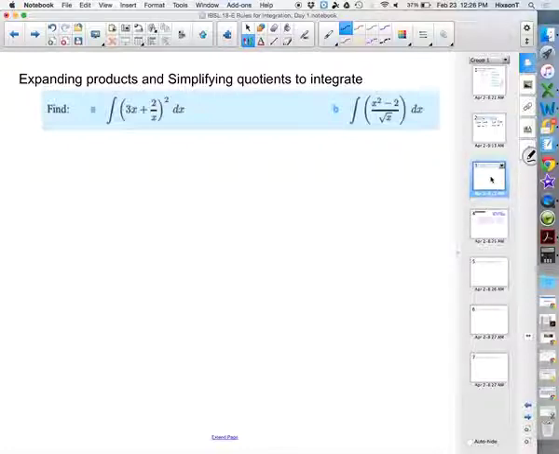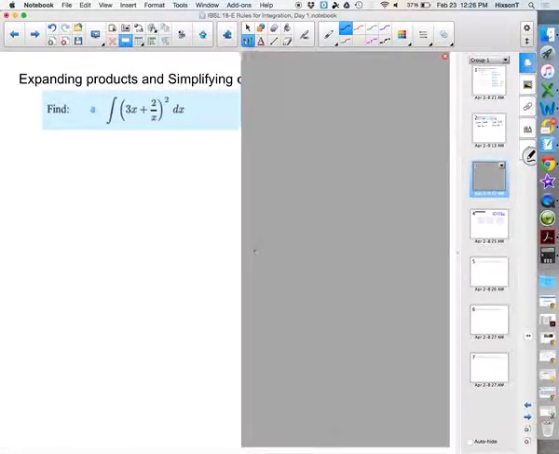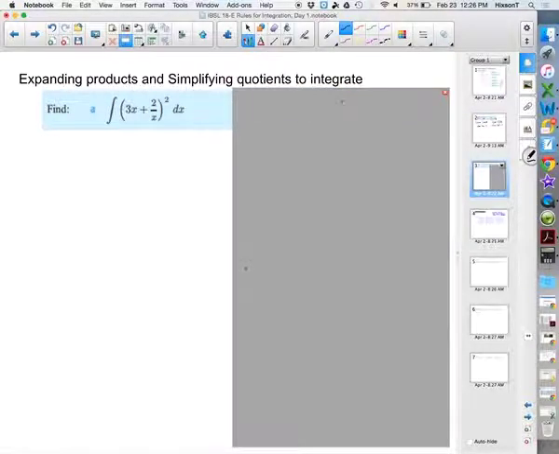Another thing we will need to be able to do, because we don't have a chain rule, a product rule, or a quotient rule when we're integrating, and we're not going to learn u substitution or any of the more advanced techniques. We will, however, need to handle certain cases like this.